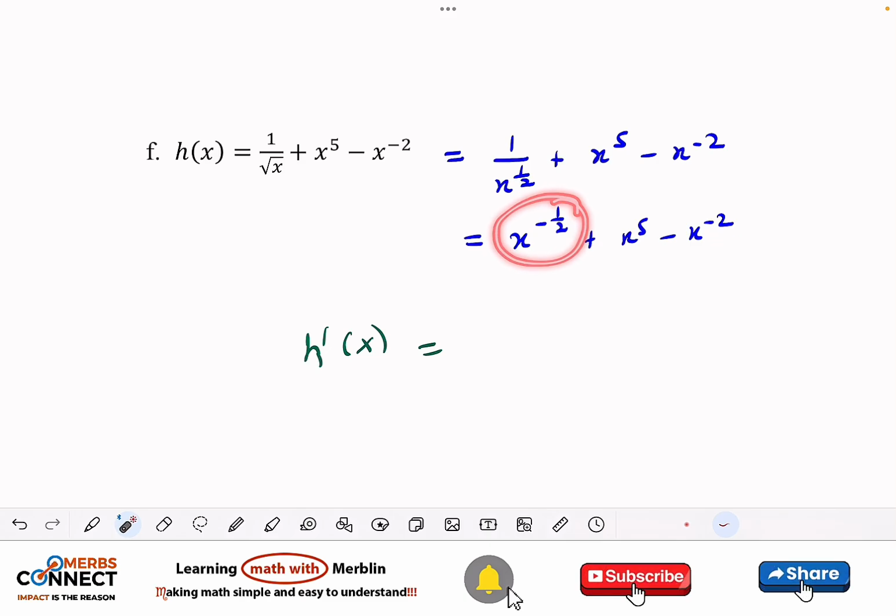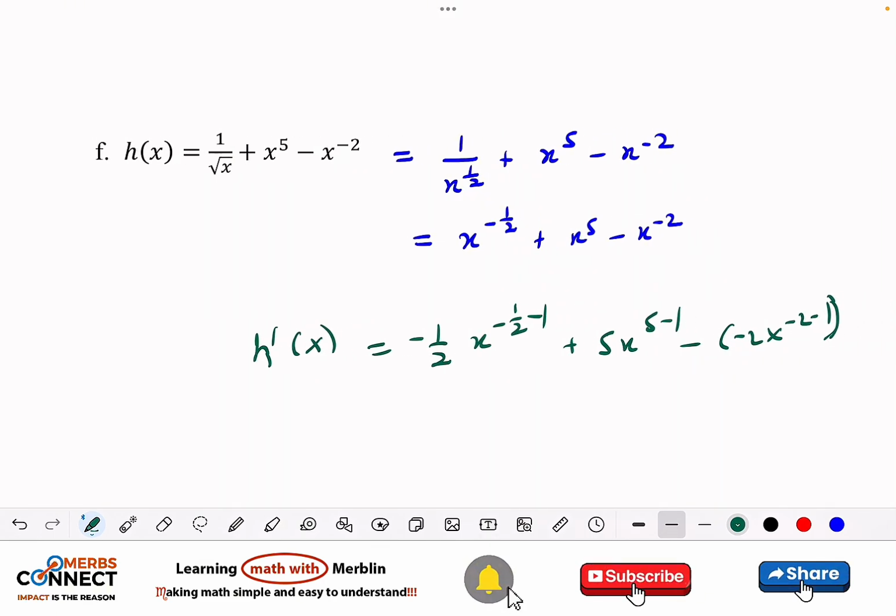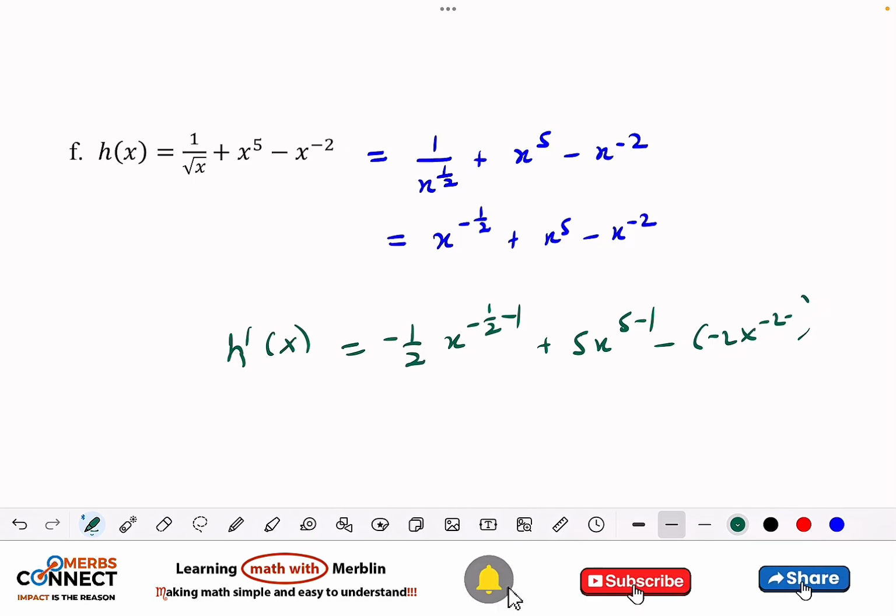So now let's differentiate this using the power rule. Minus 1 over 2 drops down, then you subtract 1 from it, plus 5 drops down, subtract 1, then minus 2 drops down, and then subtract 1. Good.